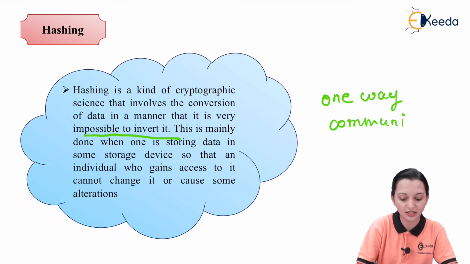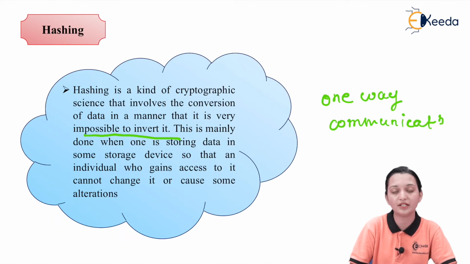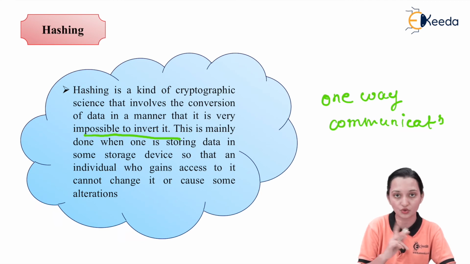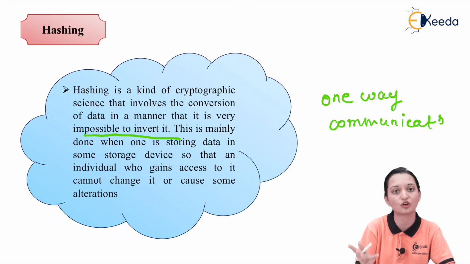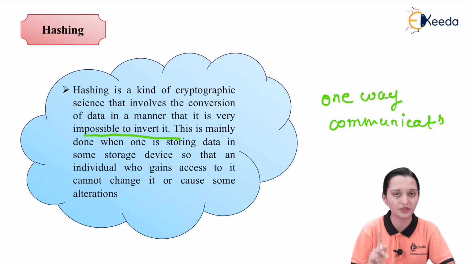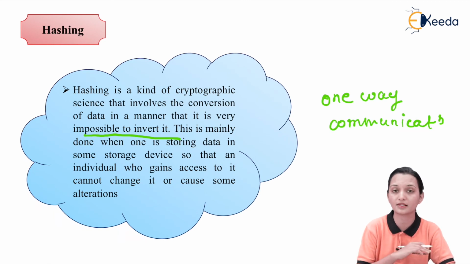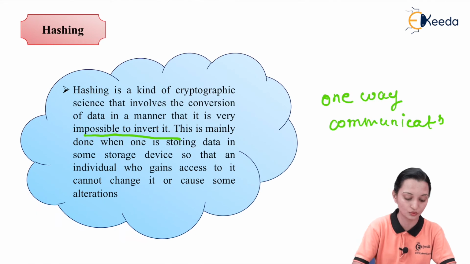So it does not require any key. Private key and public key are required for encryption as well as decryption. That means when the communication is two-way, we require the private or the public keys. Here the communication is one way, and hence it is next to impossible to invert the given data.